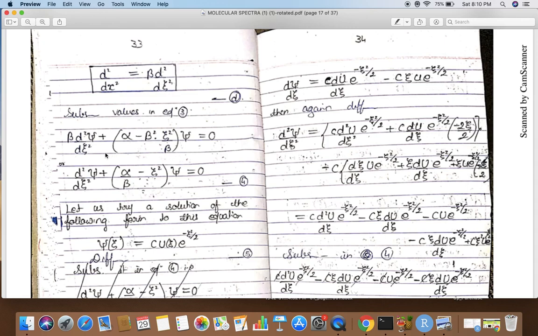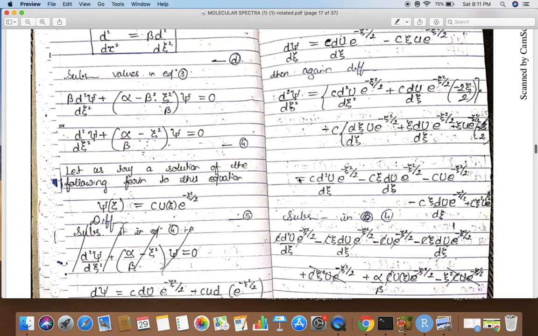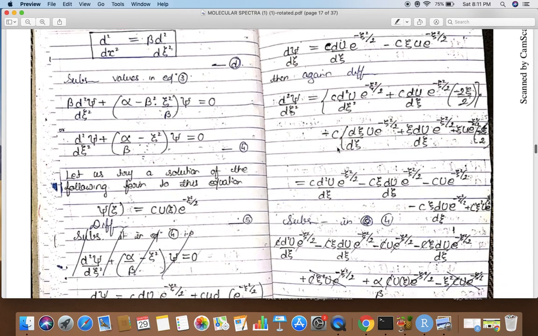Again, because I have to take the second derivative, once you take the second derivative of it, you again have two functions, u and the exponential. Then you have c d square u by d xi square exponential, plus again c du by d xi and exponential xi square divided by 2, then minus 2 xi divided by 2. Now here you have three functions: xi, u, and the exponential of xi square divided by 2. We have to take the derivative of it one by one.